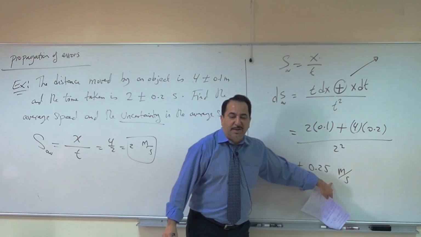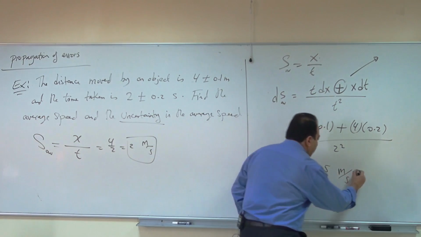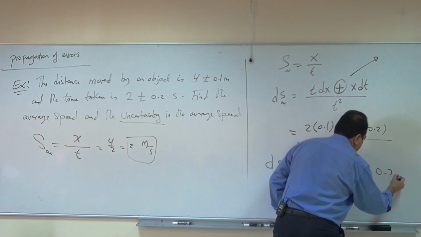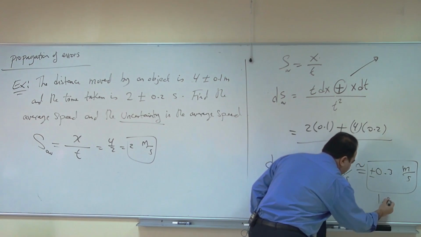How many significant figures? 2. But this is an error, rounded to 1. 0.3 meter per second plus or minus, 1 significant figure.